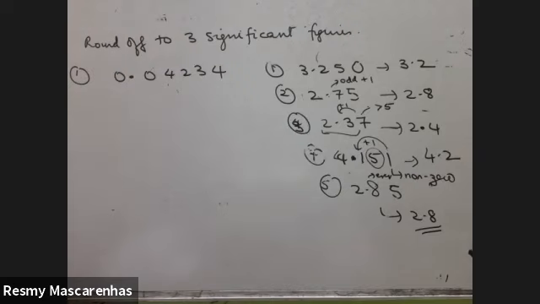Anyone just randomly tell me what will be the answer? Just guesswork. Okay, first tell me which are the significant figures here. How many significant figures in this? 4. 4 significant figures.